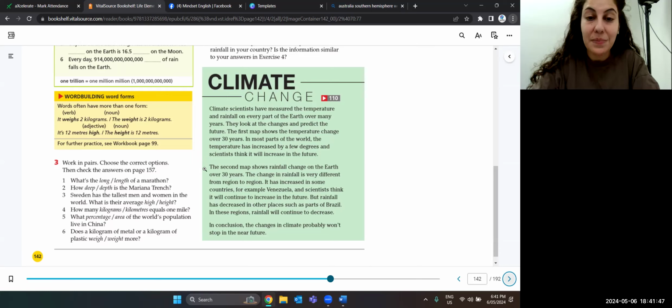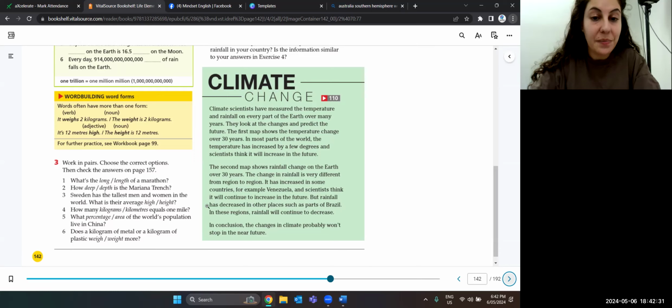The second map shows rainfall change on the earth over 30 years. The change in rainfall is very different from region to region. It has increased in some countries, for example, Venezuela, and scientists think it will continue to increase in the future.